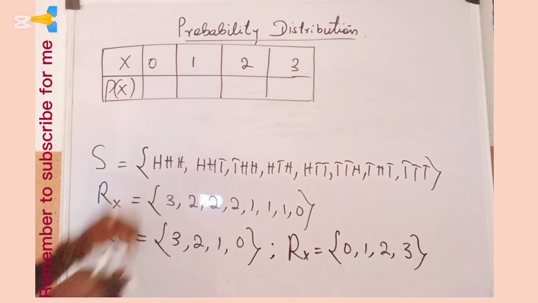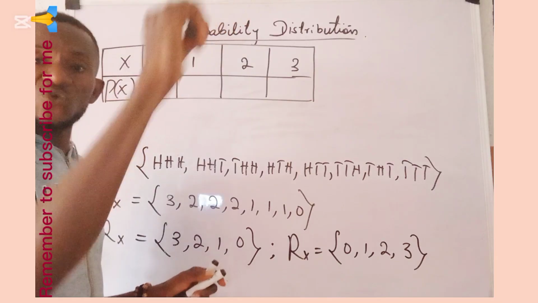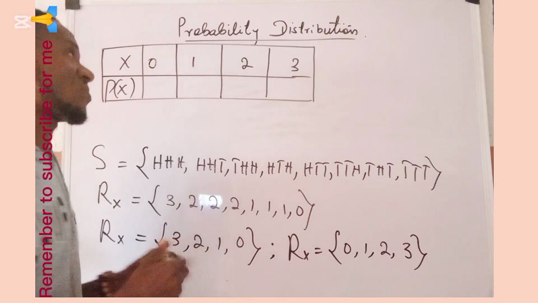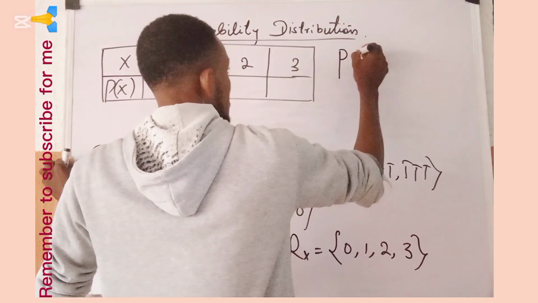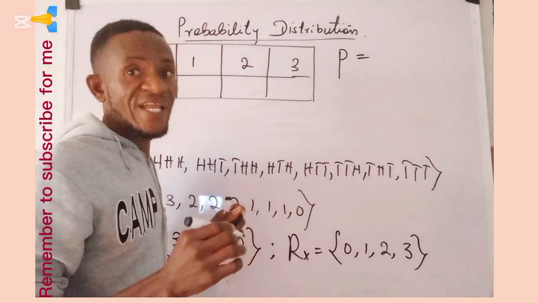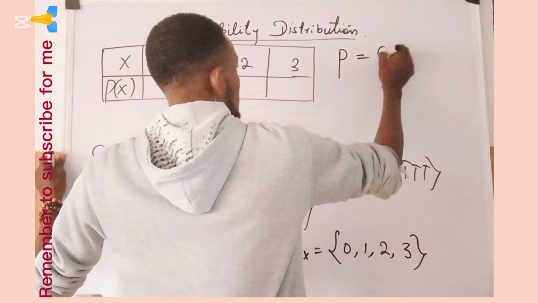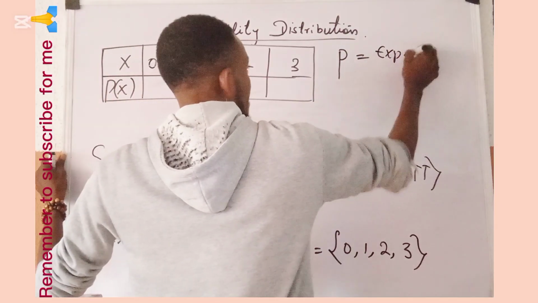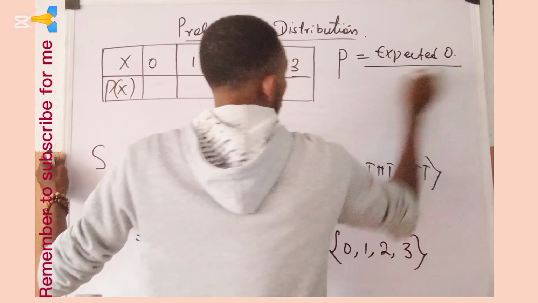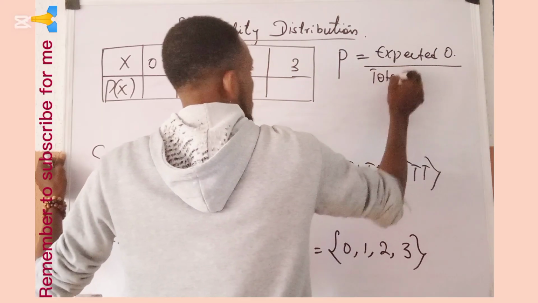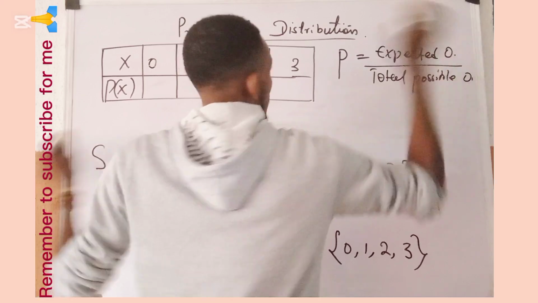And of course you know that the primary definition of a probability is expected outcome all over total possible outcome. So I will talk about my probability as given by expected outcome all over total possible outcome.